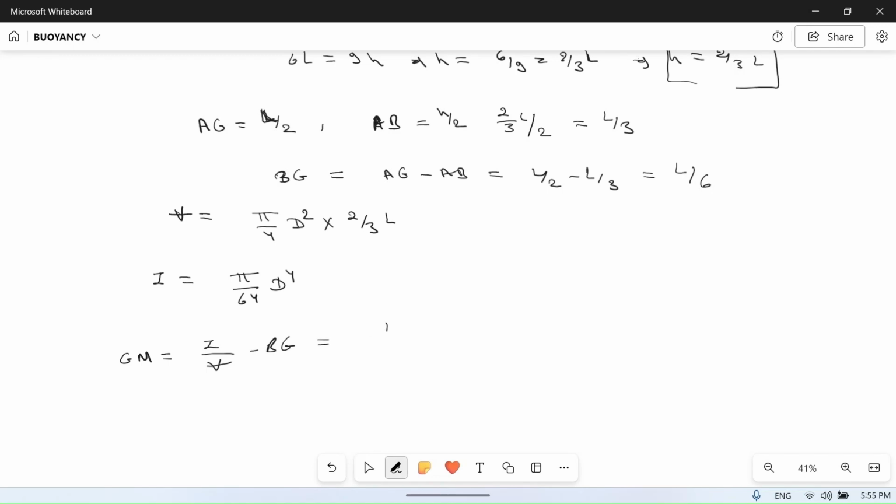So it will be equal to pi by 64 d to the power 4 divided by pi by 6 d square L minus this L by 6. BG we have already calculated.